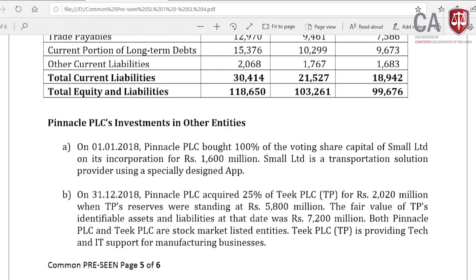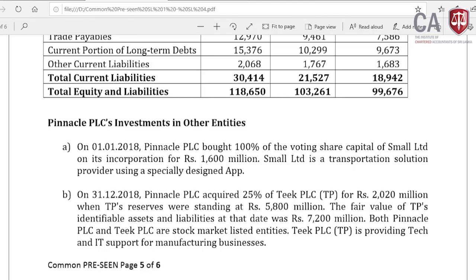Then Teak Limited also. The fair value of TP's identified assets and liabilities at that date was 7,200 million. Both Pinnacle PLC and Teak PLC are stock market listed entities.